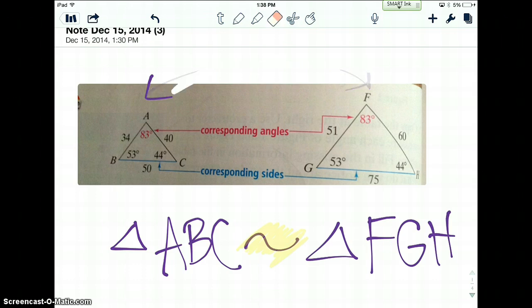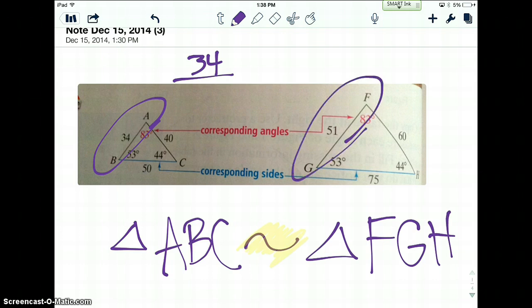If I look at their angles, angle A is equivalent to angle F, so those are equal. Angle B is equivalent to angle G, and angle C is equivalent to angle H. So we have corresponding angles equal to each other. And then their sides are supposed to be in proportion. So AB is 34, and that goes with FG.